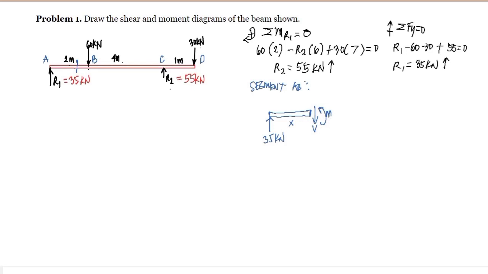So for the segment AB, this is the limit of 0 to 2 meters.